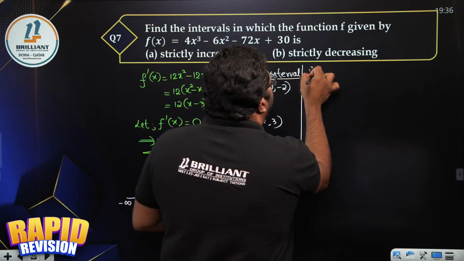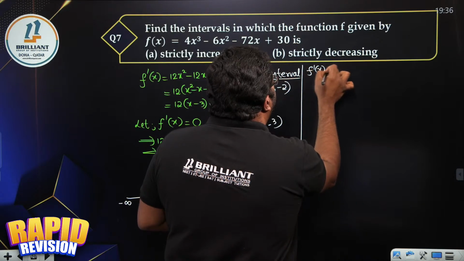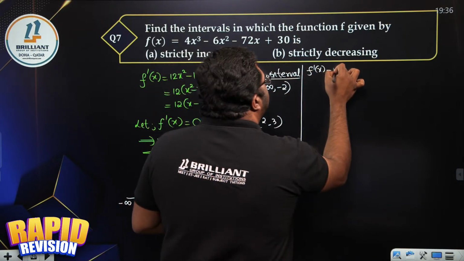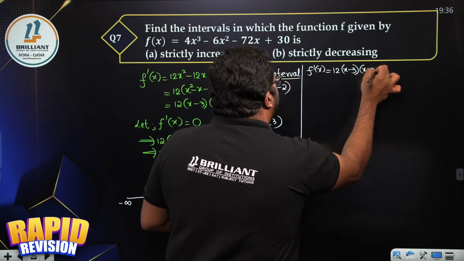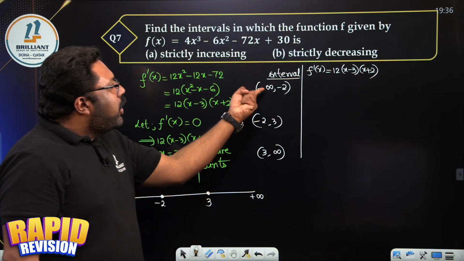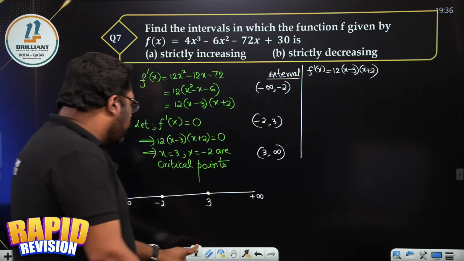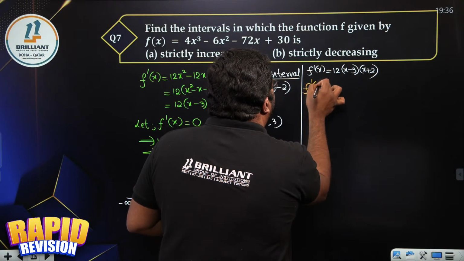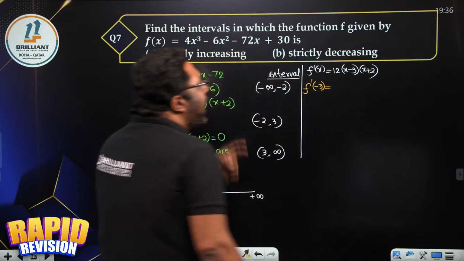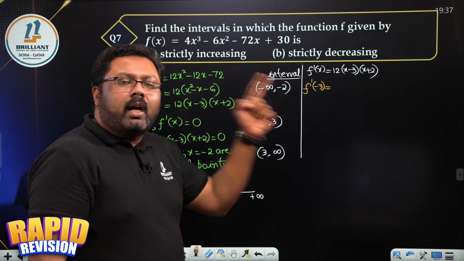Then f dash of x equal to 12 into x minus 3 into x plus 2. Take any value from the first interval, preferably minus 3. So I tried f dash of minus 3 and I got what answer?